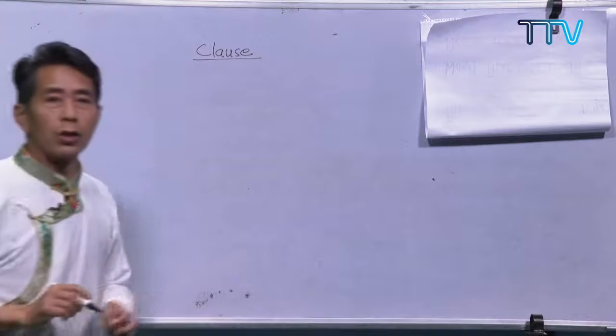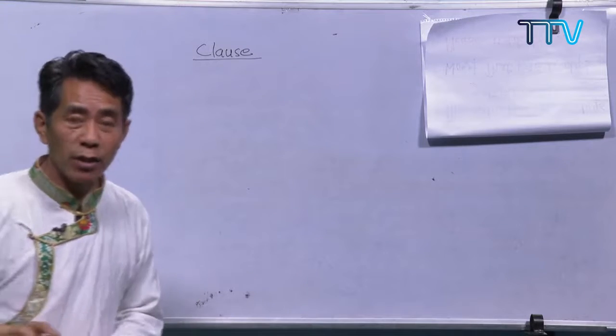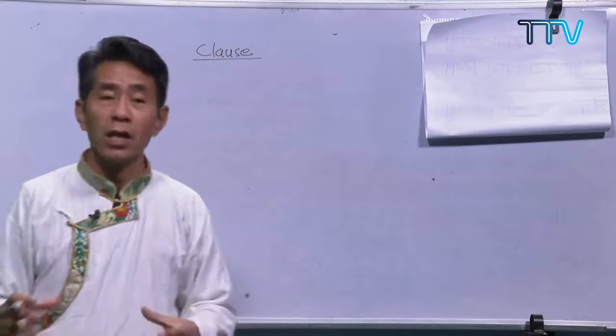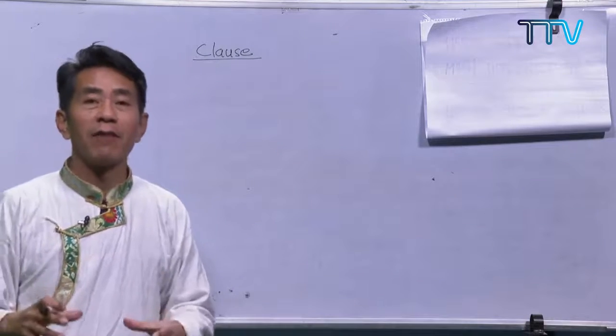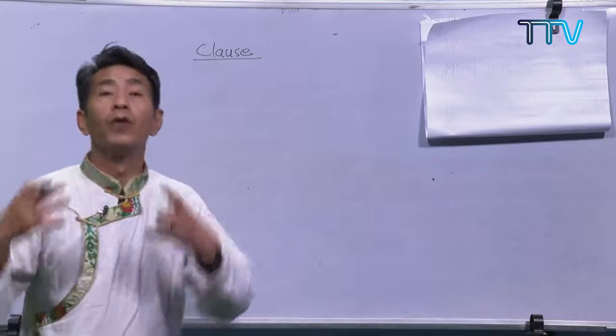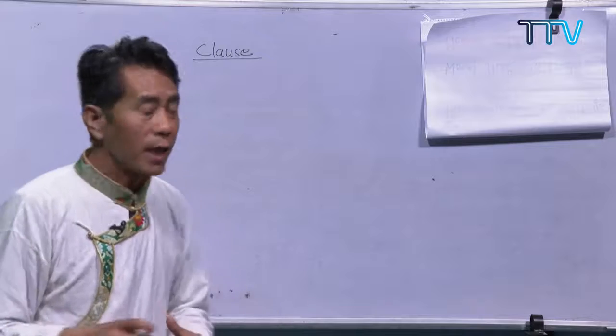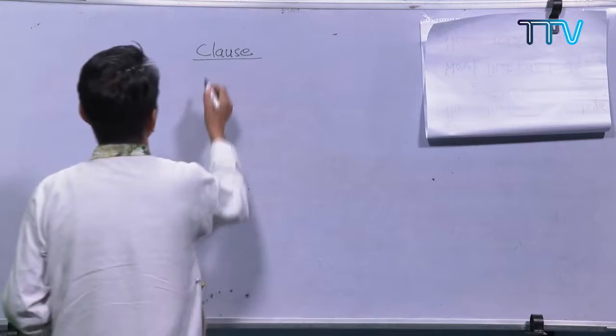Unlike the phrase, which Kela had already mentioned, a group of words that does not have a subject and a verb, a clause is a group of words which has a subject and a verb.